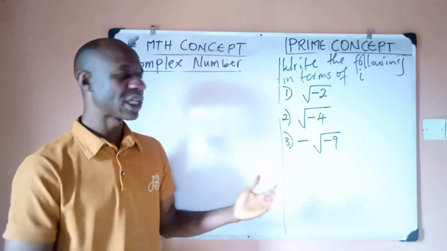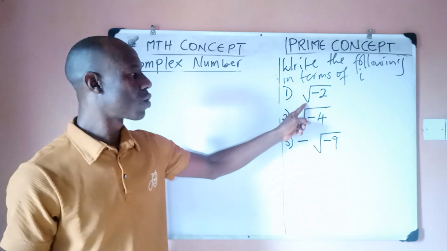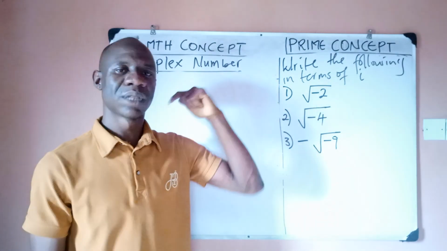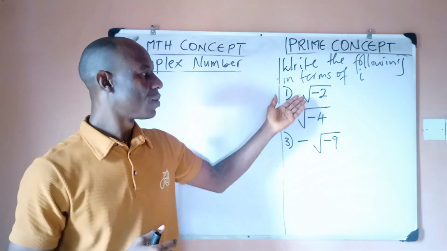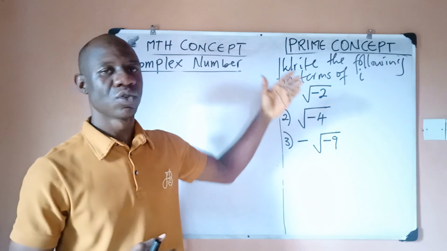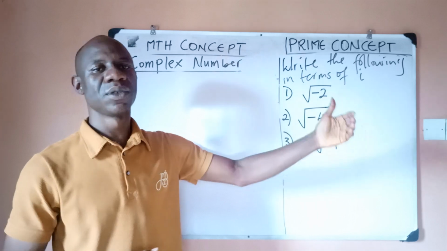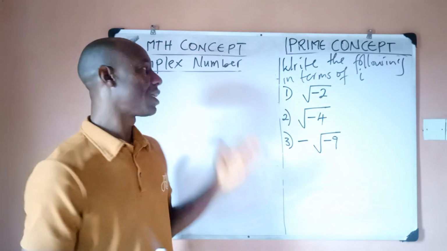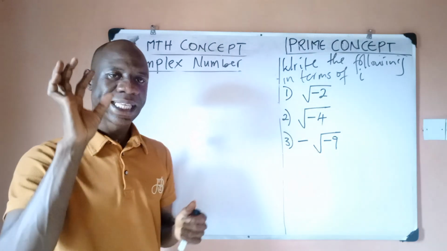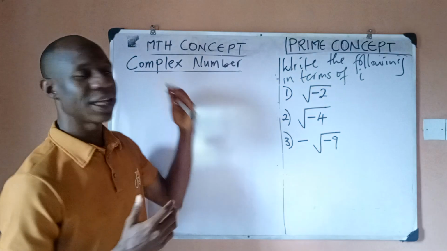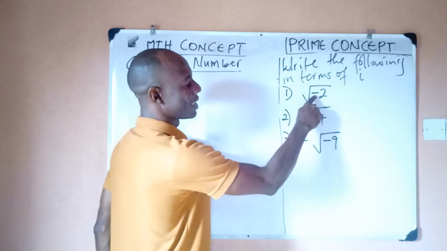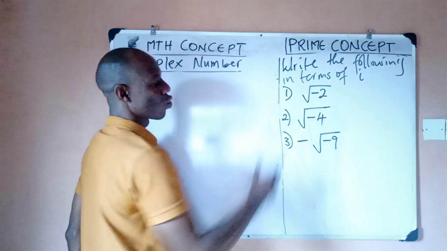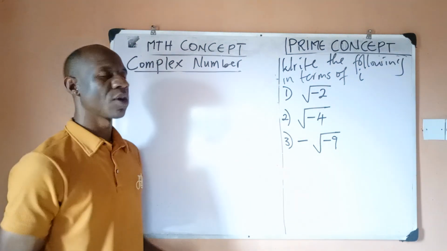If you punch the square root of minus 2, it will tell you math error. So they decided that it was time to extend the real numbers to another plane, which we know as the complex plane. So what gave rise to the concept of complex numbers is the advent of negative signs inside a square root.